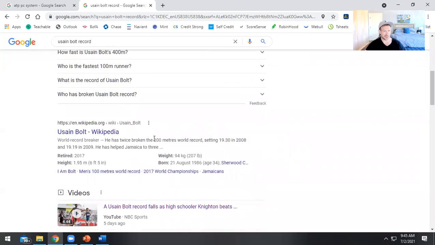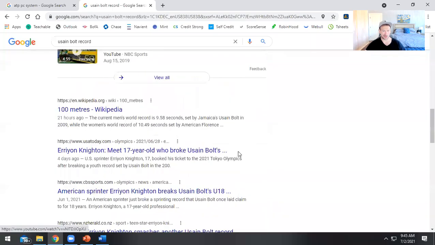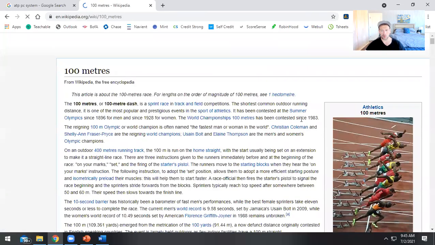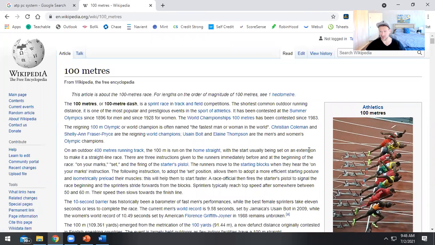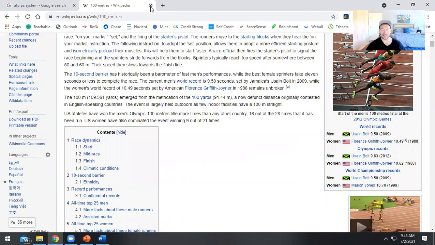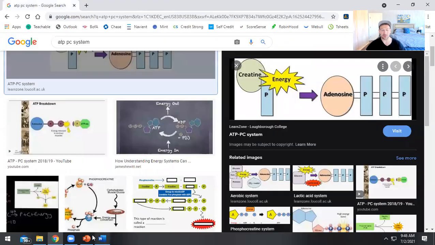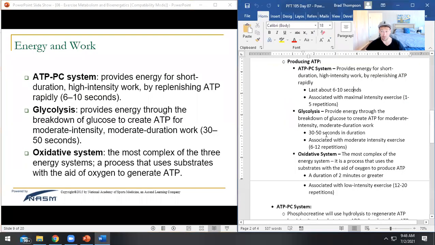But his record in the 100-meter dash was like what, 9.58 seconds, right? So he is in the ATP-PC system for most of his event. He is entirely focused on training within this energy system versus a marathoner who's got to run for 2 hours. They're primarily focused on the oxidative system, right?